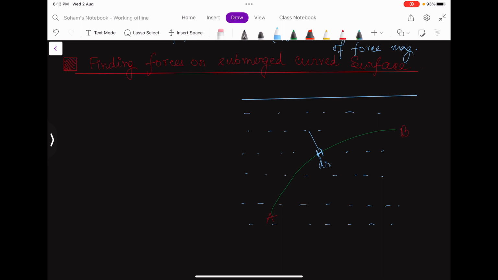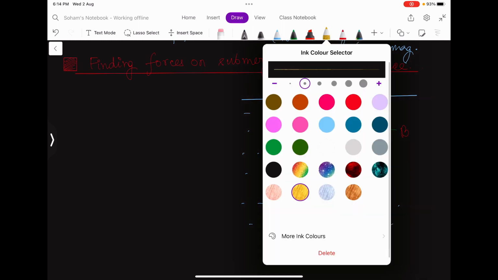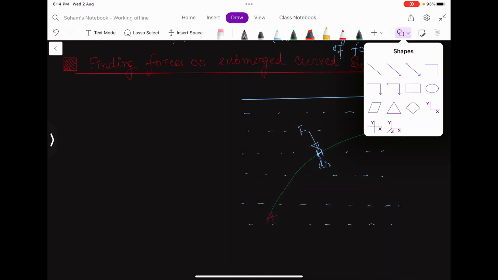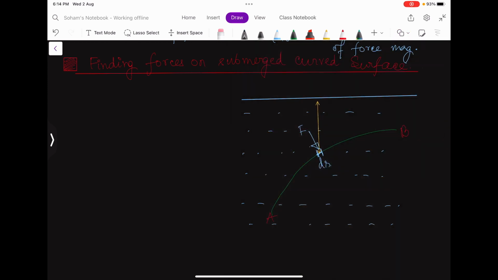Here the force will be something F, and what will be the force F here? This is not very critical to find, and that will be nothing but, if I know this height h, then this force will be h rho g. From this time onwards, whenever I say that the force is only h rho g, you should consider P atm as 0, or h rho g is the gauge pressure.